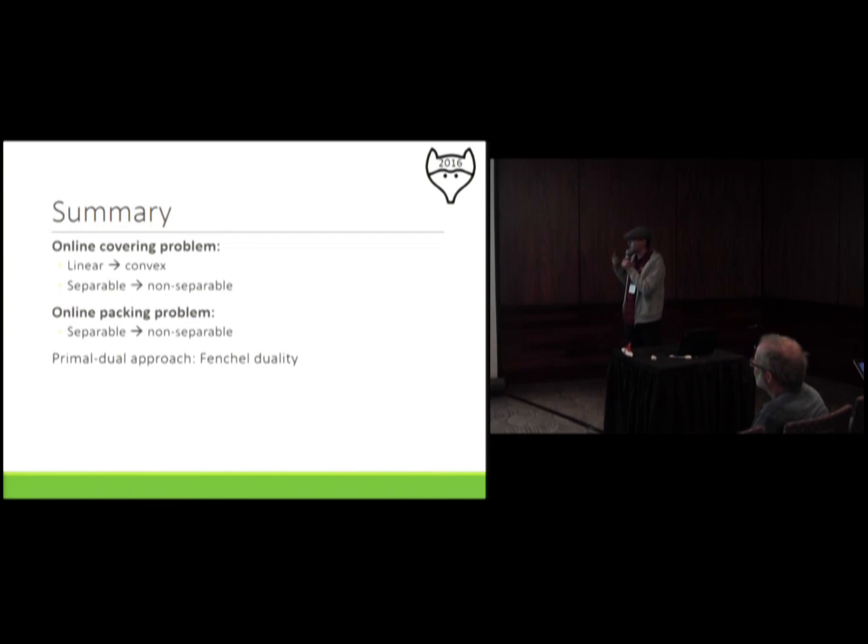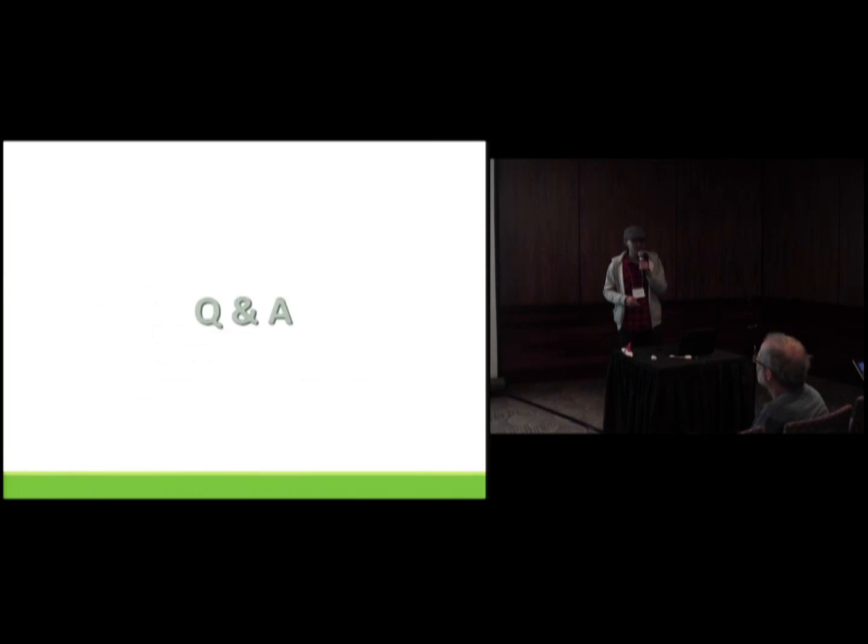The technique we use in this paper is called the primal dual approach, and we use Fenchel duality in this paper. And also we can get a better covering solution, but in any case, the packing solution is not as competitive as the covering one. Okay, so do you have any questions?